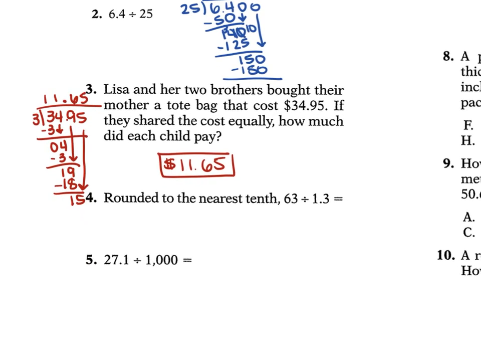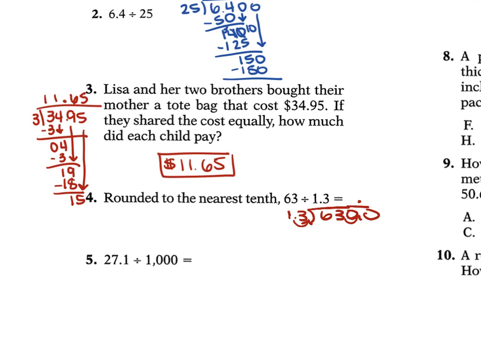For 4, it says rounded to the nearest tenth, 63 divided by 1.3 is equal to what? So we are going to do the 1.3 on the outside, the 63 on the inside. This 1.3 would turn into 13, making the 63 a 630. So again, I put my decimal point up because I know I'm going to be rounding to the nearest tenth. I'm going to have a decimal point.